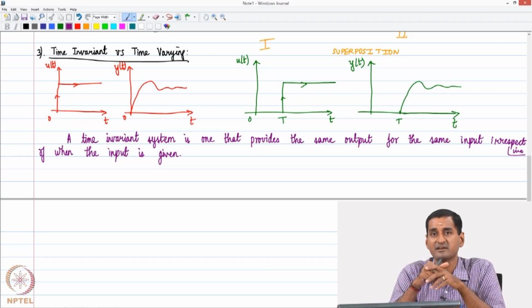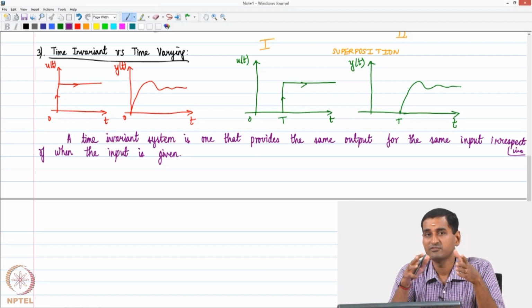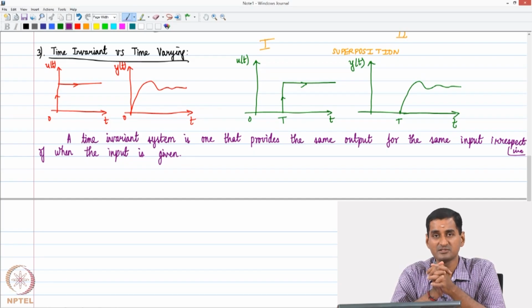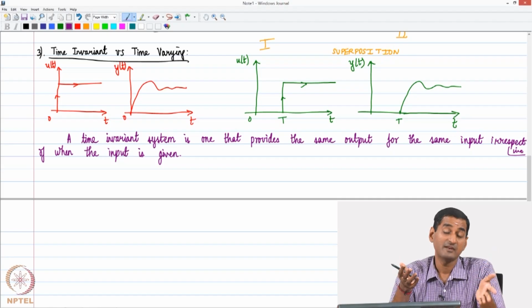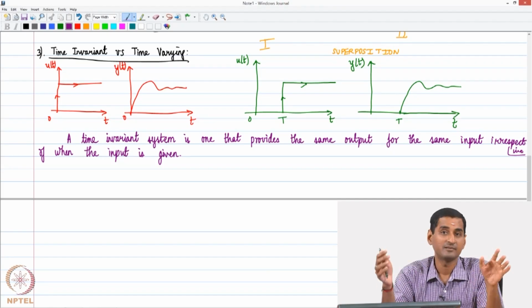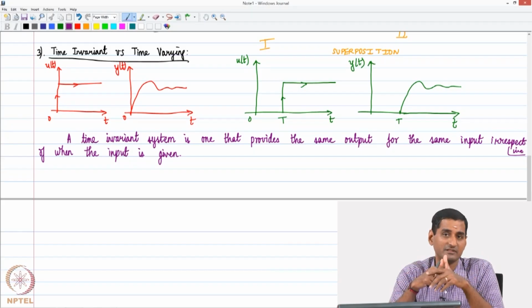In the case of a fan, let us say I want to analyze the fan only for a few minutes. In those few minutes I can reasonably assume that the response characteristics of the fan are not going to change. What do I mean by that? In a time scale of a few minutes, if I provide the same electrical signal at any instant of time, I am going to get close to 100 RPM, which is what I started off with.